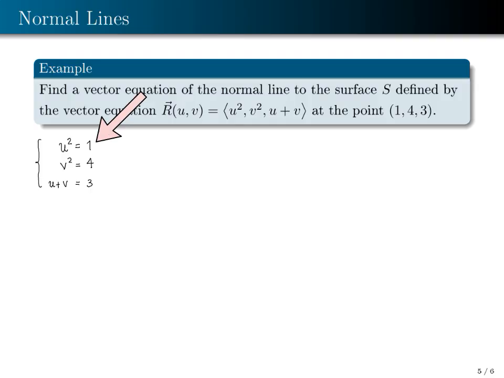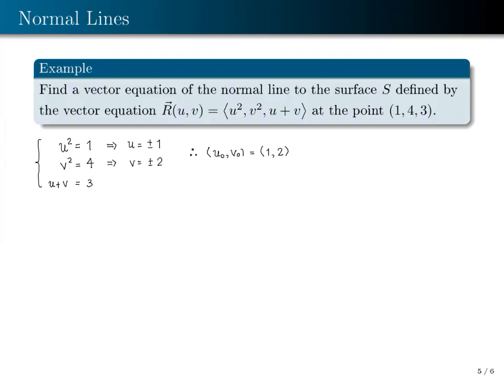From u squared equals 1, we get 2 possible values for u, which are plus or minus 1. Also, v squared equals 4 implies v is either plus or minus 2. However, from these possible values of u and v, only u equals 1 and v equals 2 will satisfy u plus v equals 3. In other words, u0 equals 1 and v0 equals 2.